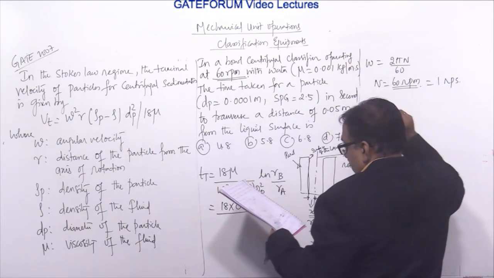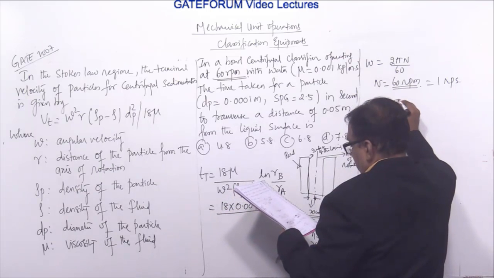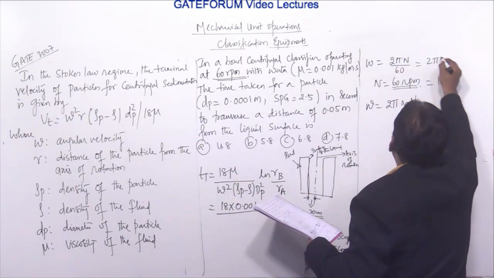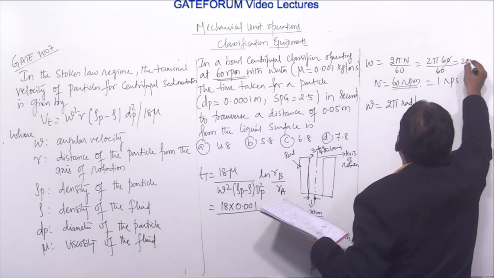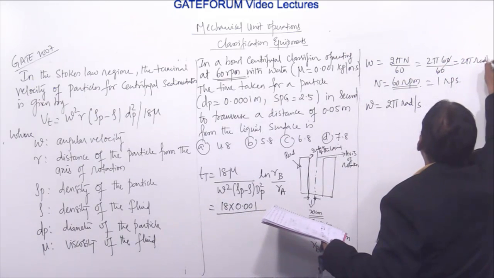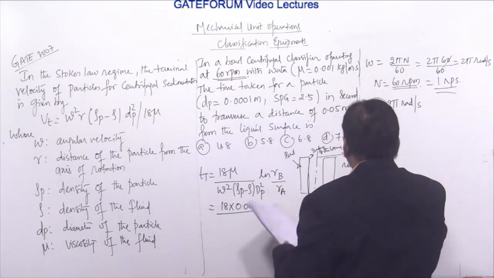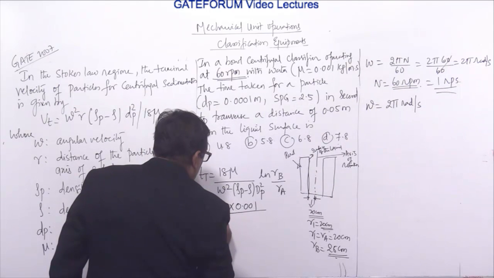So omega will be 2 pi radians per second, or just substitute 2 pi times 60 by 60. 60 will get cancelled. So it will be 2 pi radians per second. So omega is 2 pi, so (2 pi) square.